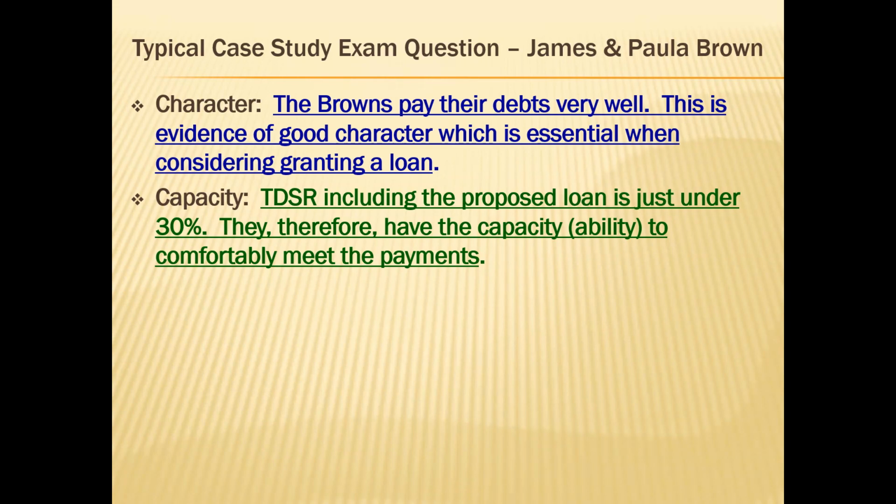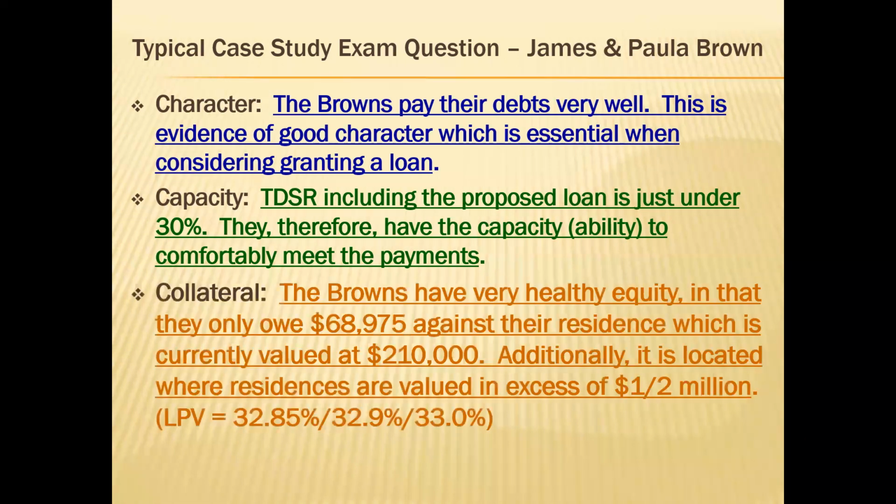So when you look at the equity that they have in this, the Browns have very healthy equity in that they only owe 68,000 against the residence, which is currently valued at 210,000. Additionally, it is located where residences are valued in excess of $500,000. And as was also pointed out, the LTV is 33%, or just under 33%.